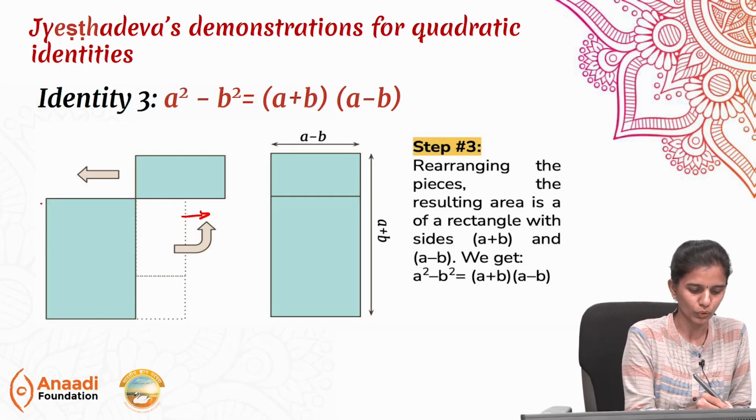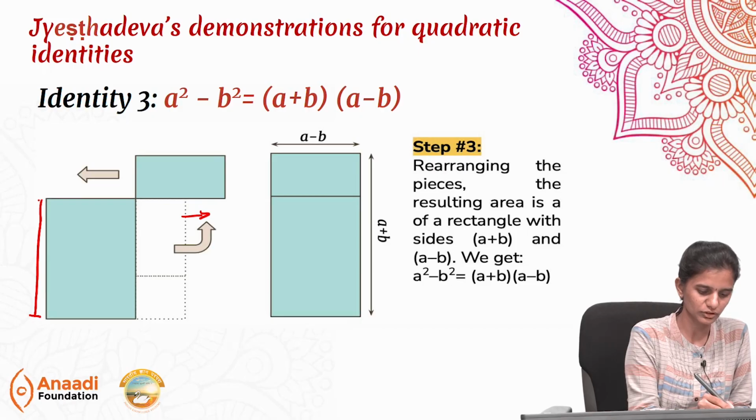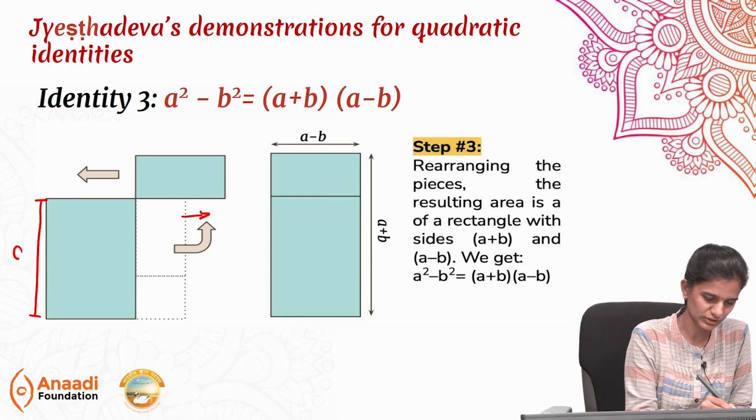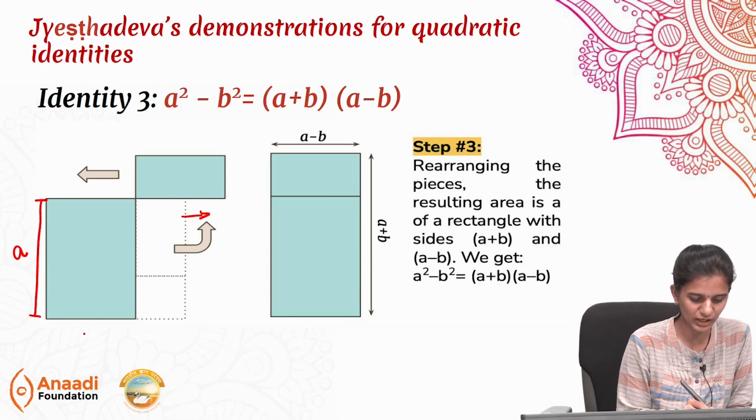We already know that the length of this rectangle is A and this is A minus B that we saw in the previous slide.